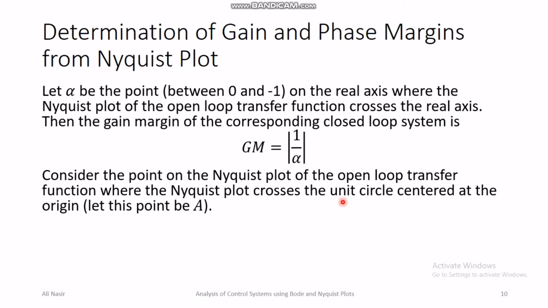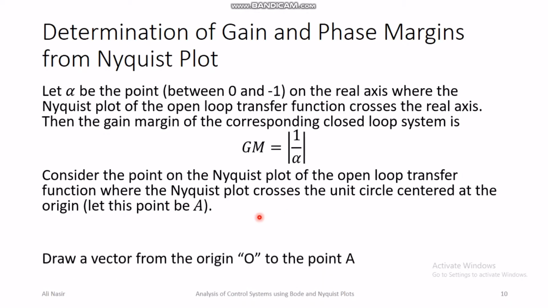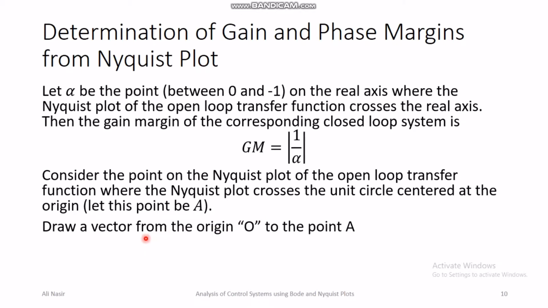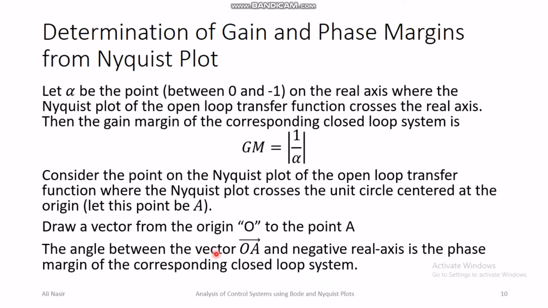That vector will be vector OA, drawn from the origin O to the point A, and the angle between the vector OA and the negative real axis is the phase margin of the corresponding closed loop system. So in order to determine the phase margin, you sketch the unit circle, look at the crossing of the Nyquist plot with the unit circle, draw the vector OA at that point, and the angle of that vector with the negative real axis is the phase margin. So this is how. Now let us look at the example.